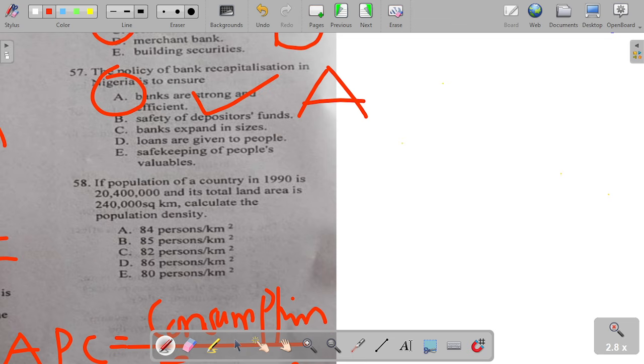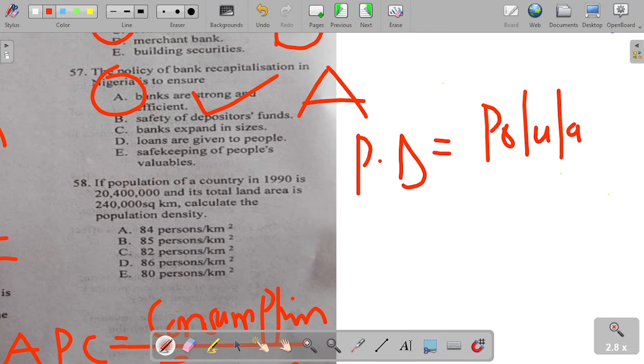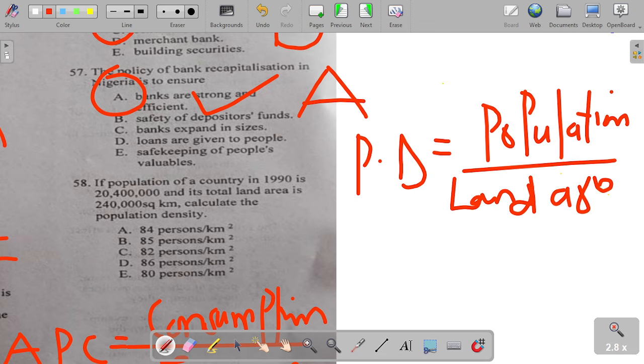Number 58. The population of the country in 1999 is given, and the total landmass, calculate the population density. Population density, PD, is total population over land area.